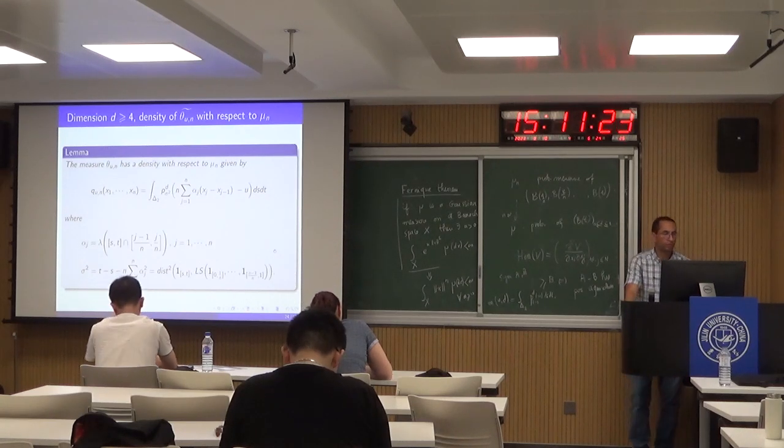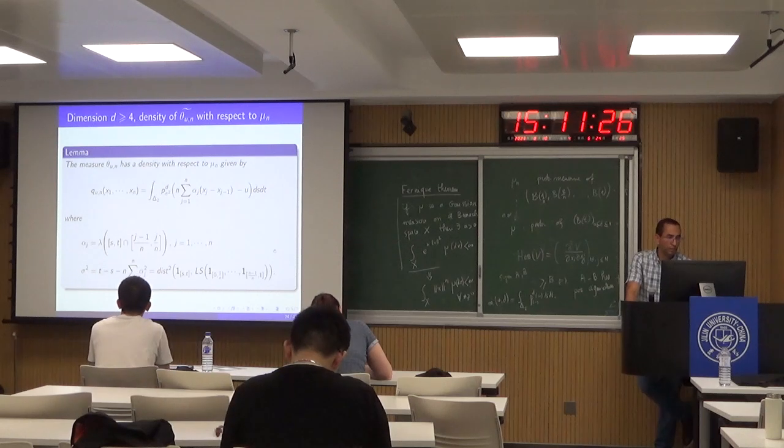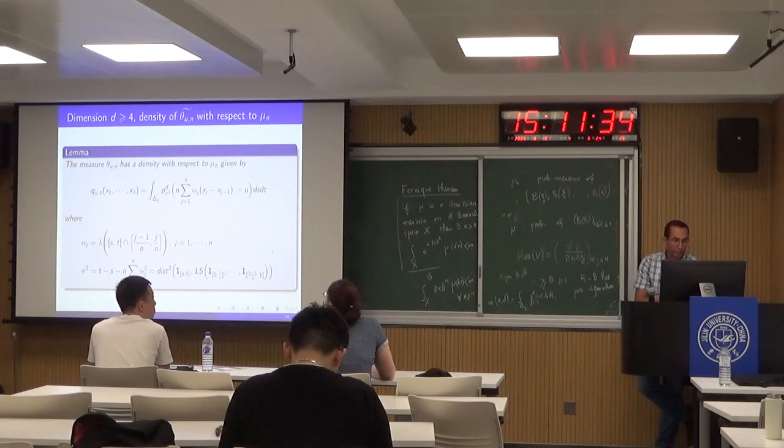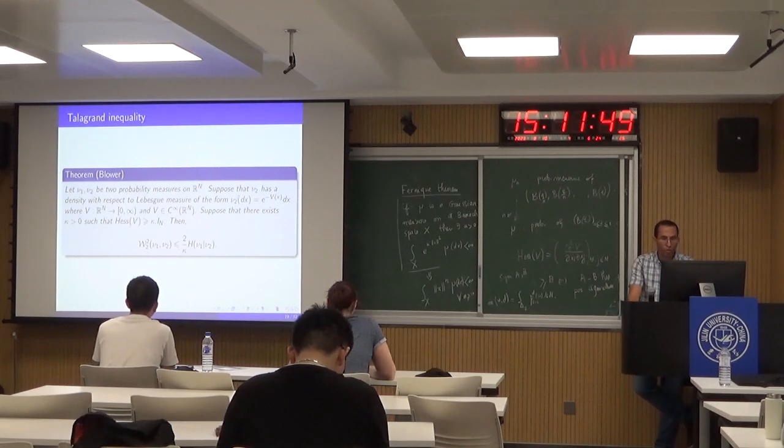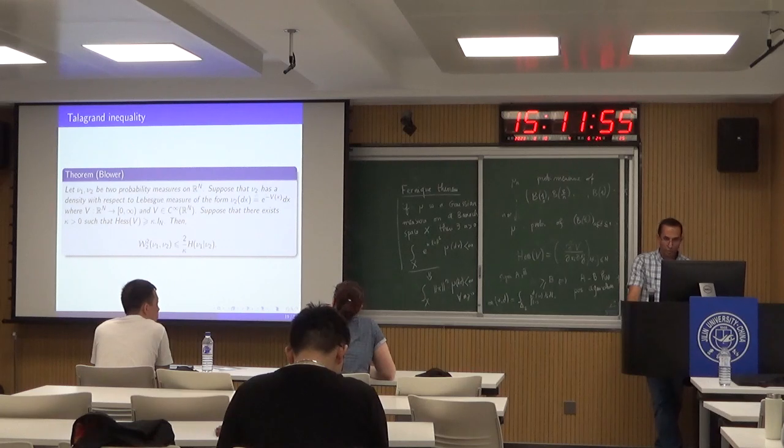Now we have one part of the inequality ready, since we have the density of theta un with respect to mu n, so the relative entropy almost has an expression. What remains, if you remember, is to find this constant kappa. So we look at the density of our measure theta un with respect to mu n, and try to find this constant kappa here.